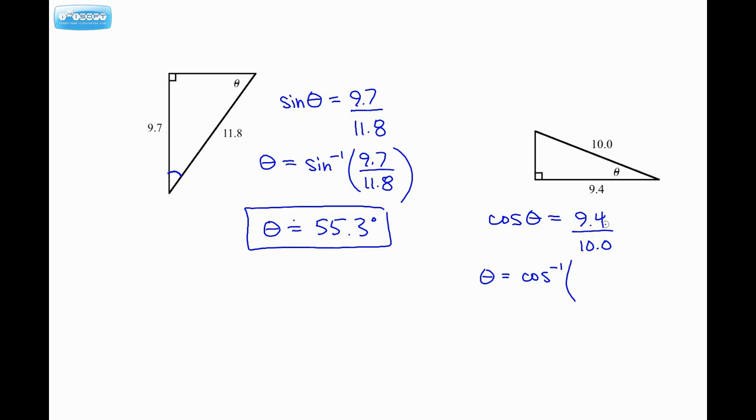And you could actually write this as a decimal because dividing by 10, that's a perfectly sound number. You would get 0.94. So let's ask our calculator, what is the inverse cosine of 0.94? And I get 19.9 roughly degrees.